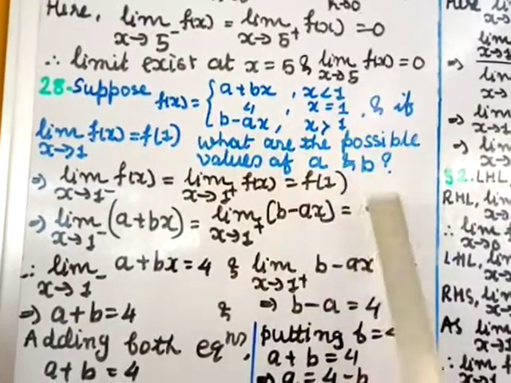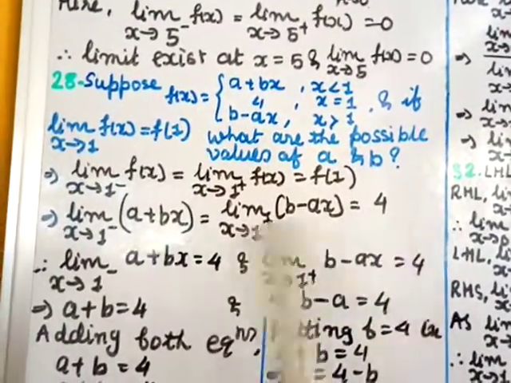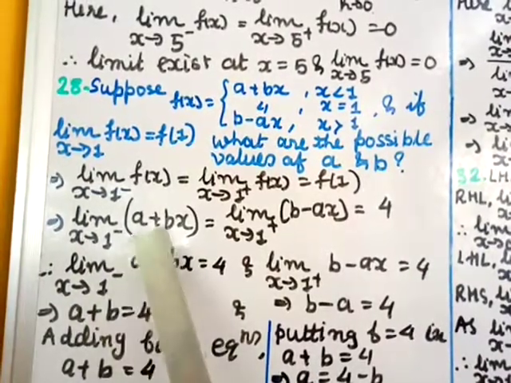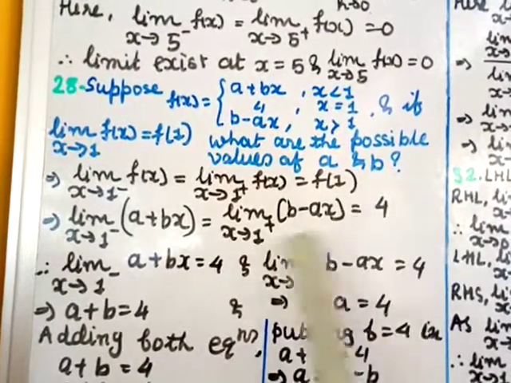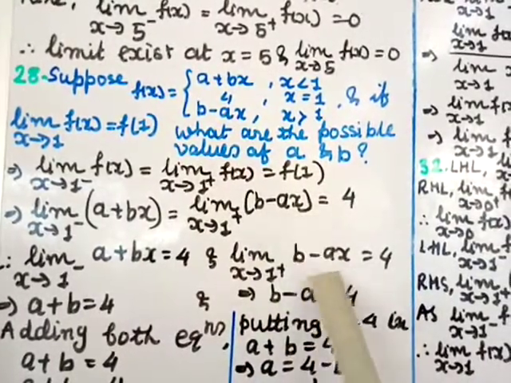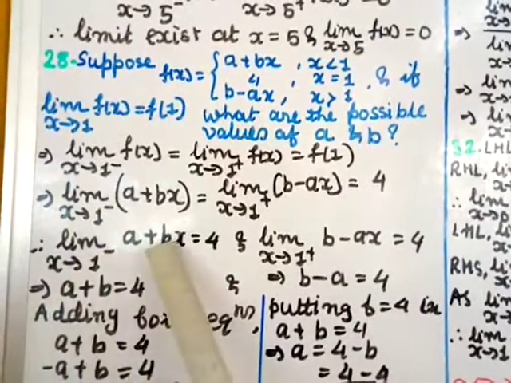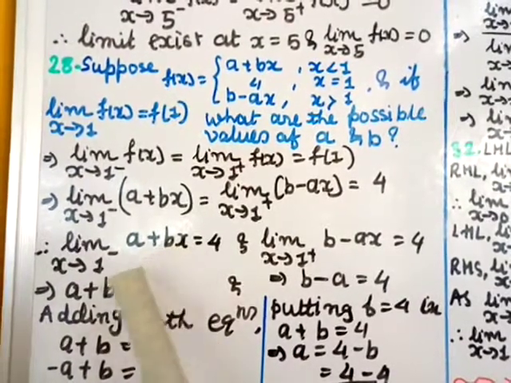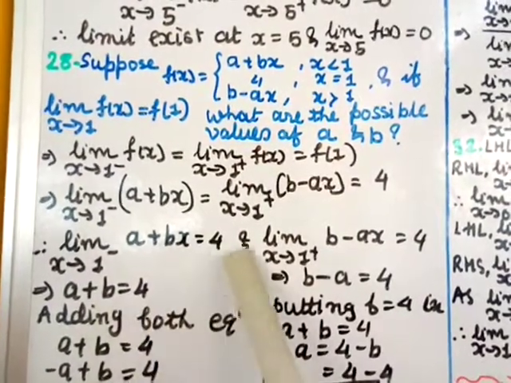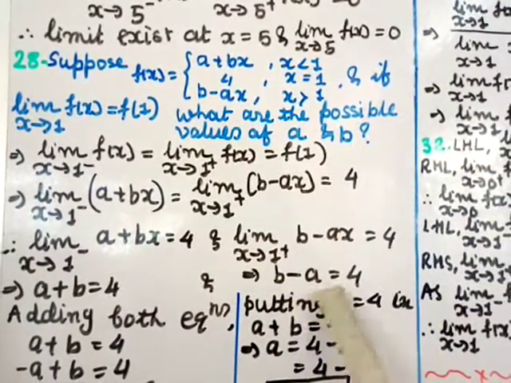Now let us compare this equal to this and this equal to this. So limit x tends to 1 minus a plus bx equal to 4, and limit x tends to 1 plus b minus ax equal to 4. Apply the limit here: a plus, if you put 1, b into 1 is b, so a plus b equal to 4. Same way apply the limit here: b minus a into 1, that is b minus a equal to 4.